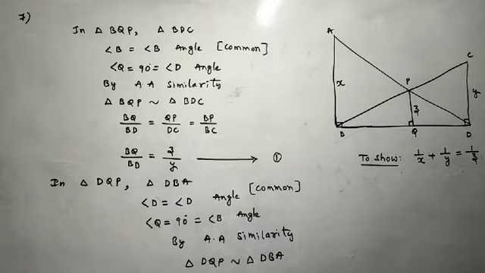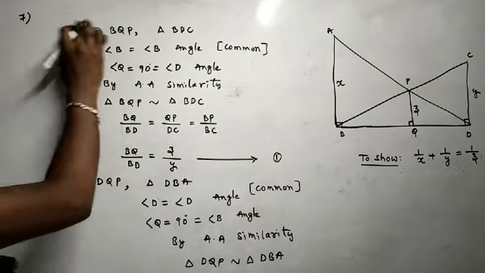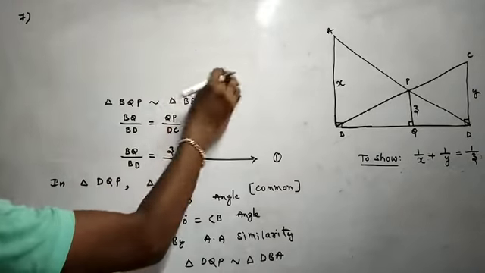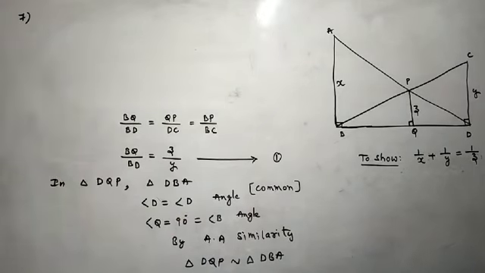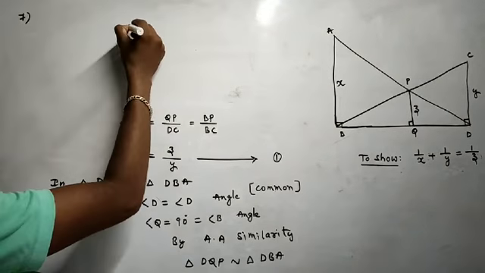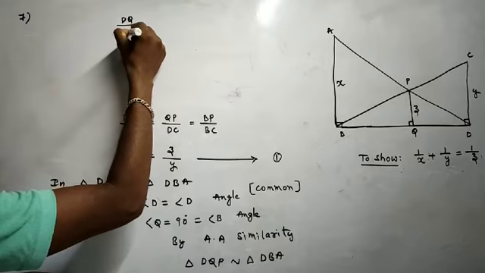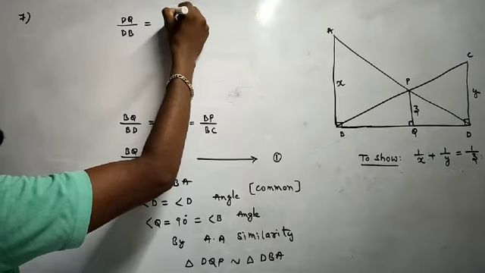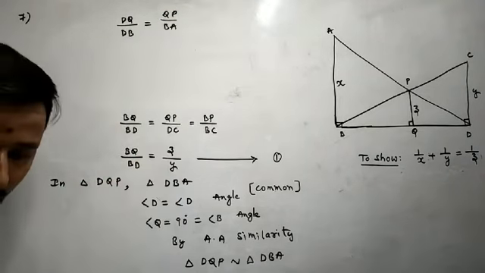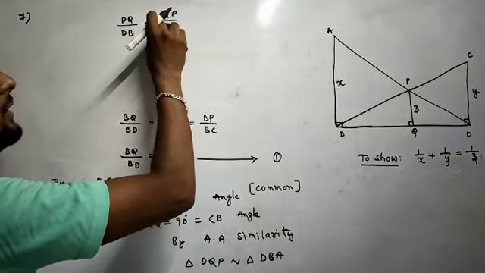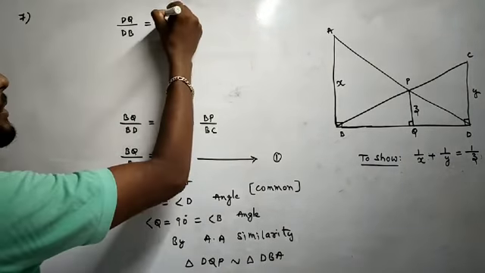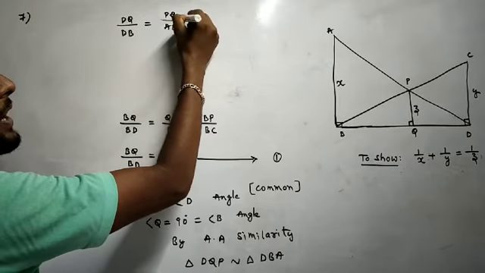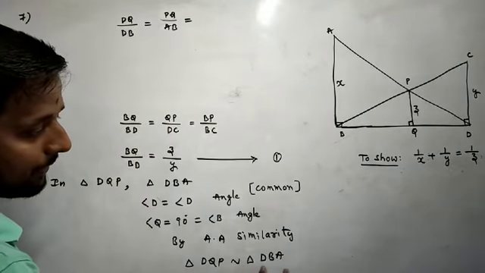Once the similarity is decided, I write the ratio of the sides. Look at the first two letters: DQ by DB, next QP by BA, or to avoid confusion, PQ by AB, next DP by DA.